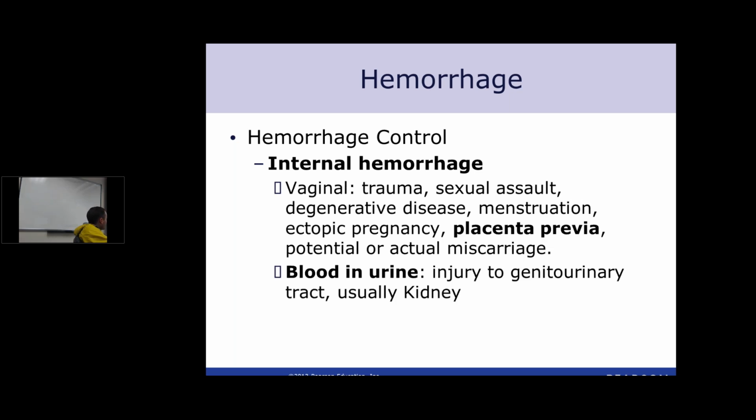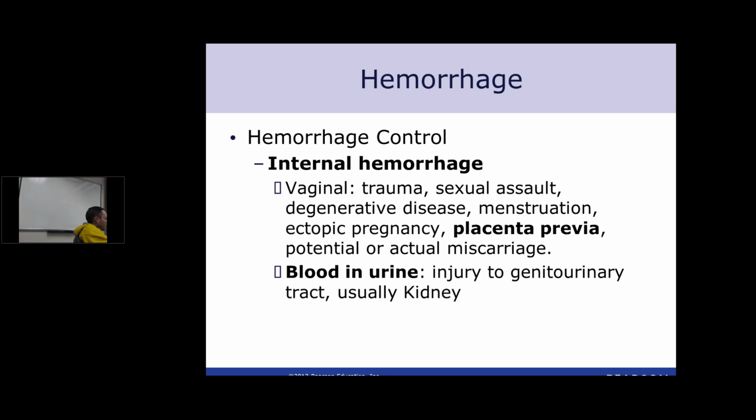So vaginal bleeding, you can have a lot of trauma. Placenta previa, do we know what that is? This is a pregnant female whose placenta is over the cervix, or the cervical os.